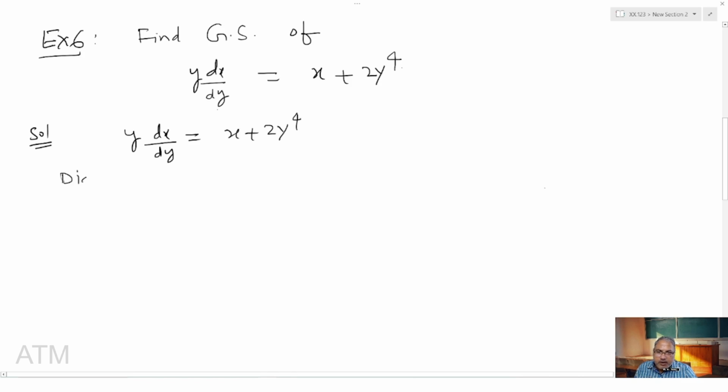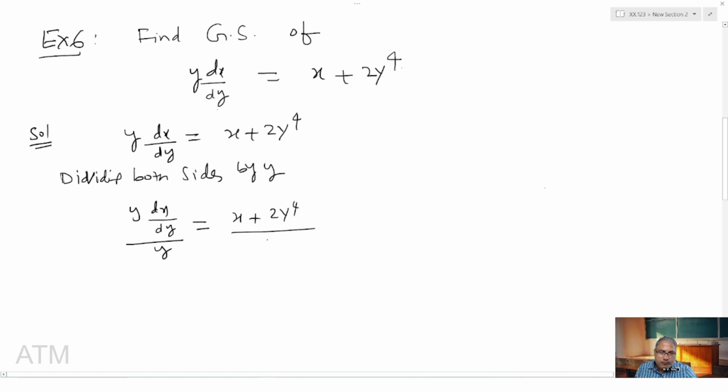Dividing both sides by y, we get dx/dy = x/y + 2y^4/y.